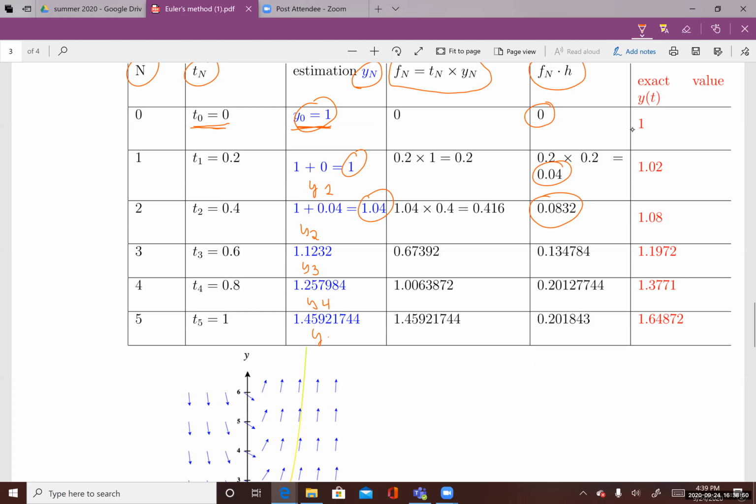So y5 is the value that I want to estimate, the y of 1. Remember, t equals 1 and y of 1 is 1.45921, and so on and so forth. So this is the number that I came up with using Euler's method.